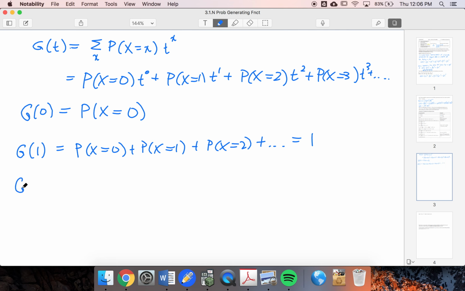Let's look at the first derivative. First, we can look at it at t. So the constant term is going to go away.